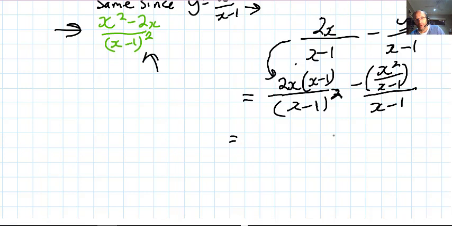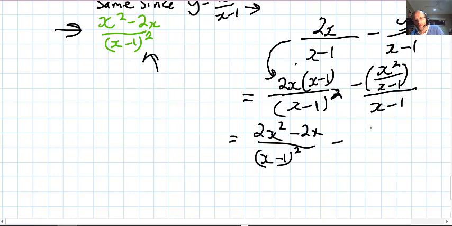Okay, better. Alright, so here we go. On the left term there, we've got 2x, just expanding, 2x squared minus 2x over x minus 1 all squared, and as before we can send that x minus 1 down to the bottom.